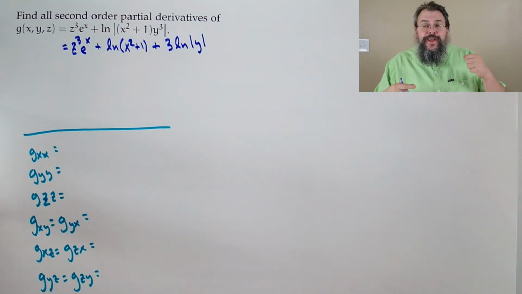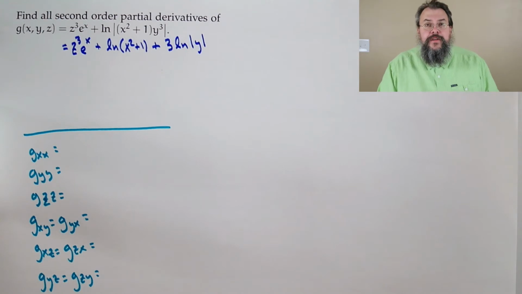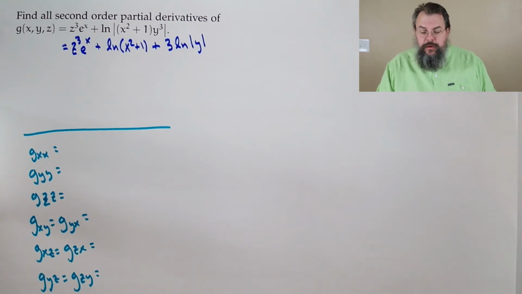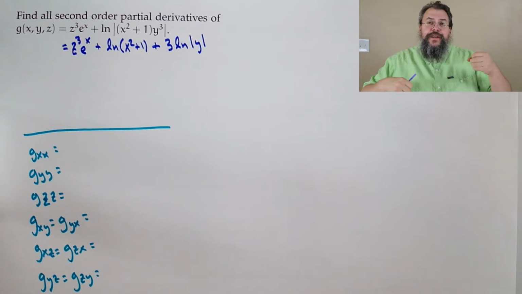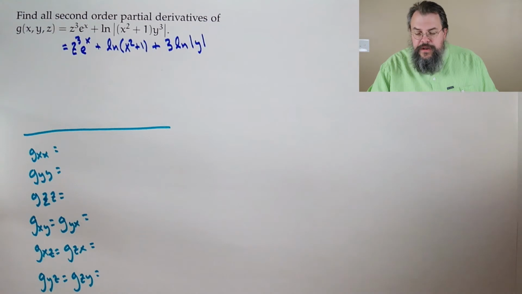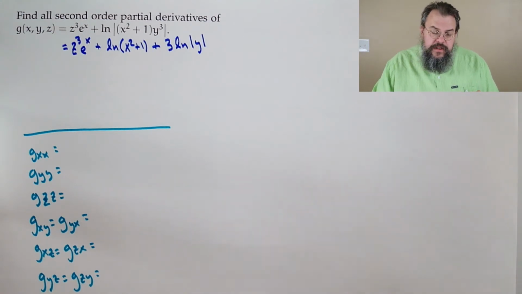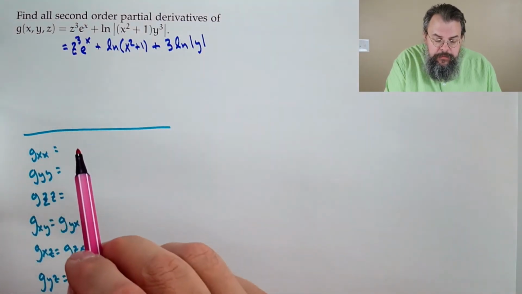Well, because log of y cubed, the 3 comes down. So that's why it becomes 3 natural log y. And now, because we've pulled it apart, it'll be a little bit easier. I'm not going to say trivial, but I will say easier. So let's take our partial derivatives using this new way to write.